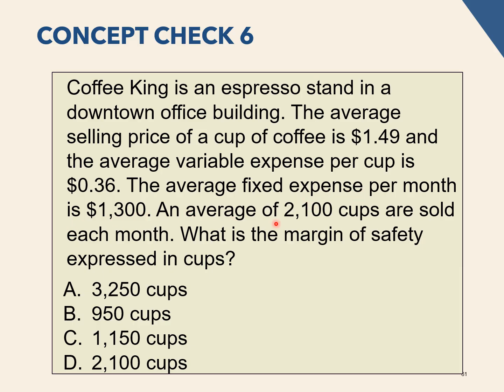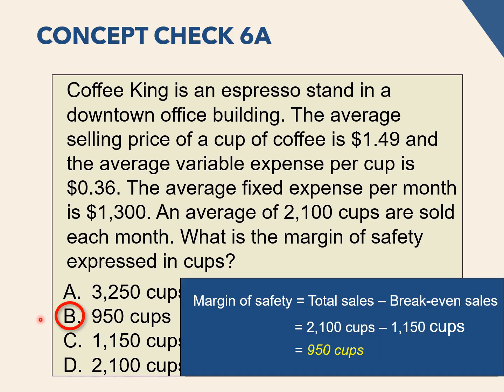An average of 2,100 cups are sold each month. What is the margin of safety expressed in cups? The answer is B. Margin of safety is equal to total sales minus break-even sales. So you take 2,100 cups minus 1,150 cups, and you will get 950 cups. That is the answer for this concept check.